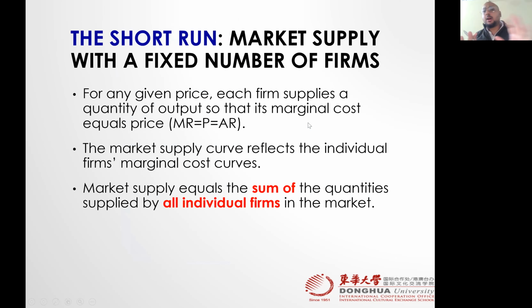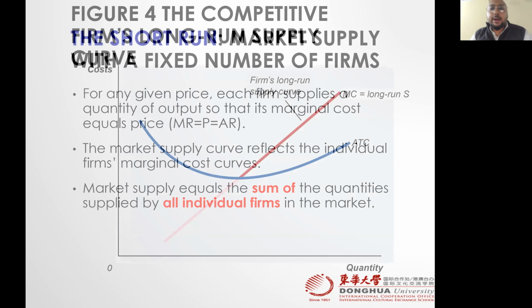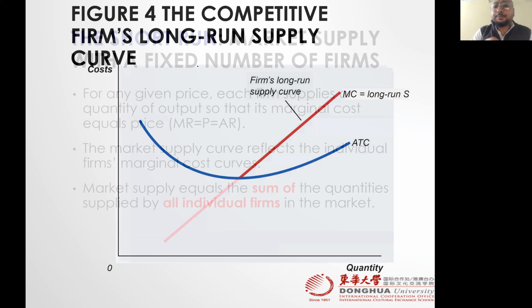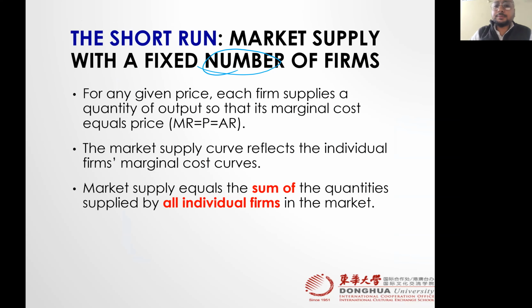Now, up till now, what we talked about was the single company, competitive firms: long run supply, profit maximizing. And now what if we talk about the market? Market means a number of firms.